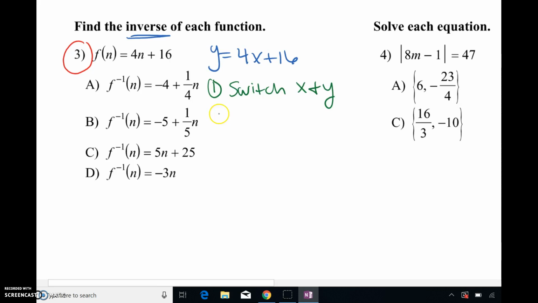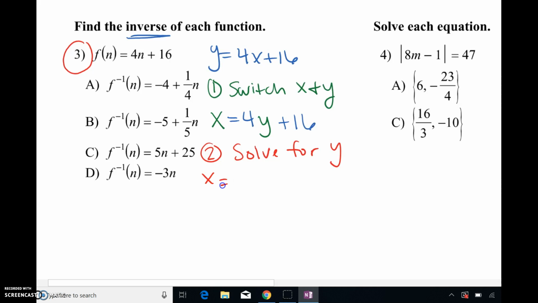So if I switch x and y, that would give me x equals 4y plus 16. And then the second step when you find your inverse is to solve for y. So if I'm solving for y and I have x equals 4y plus 16, I'm going to subtract 16 to the other side.